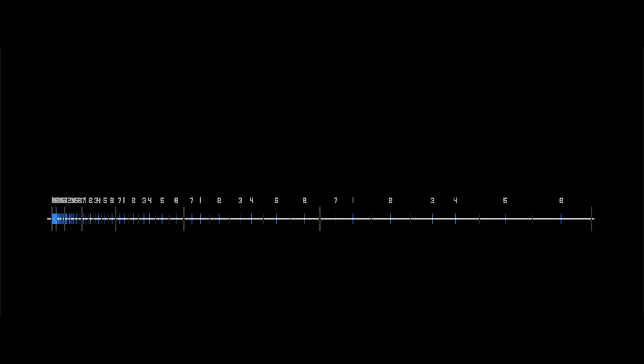So something like A sharp can also be called B flat. It's the exact same note, it just has two different names because sharp means a little bit to the right or a little bit higher, and flat means a little bit to the left or a little bit lower.